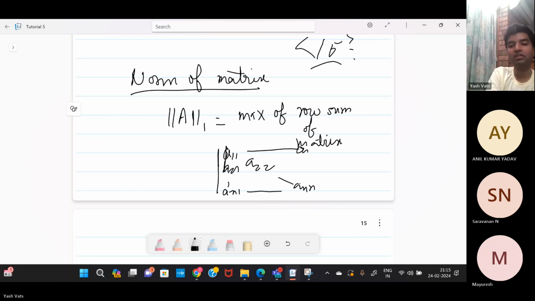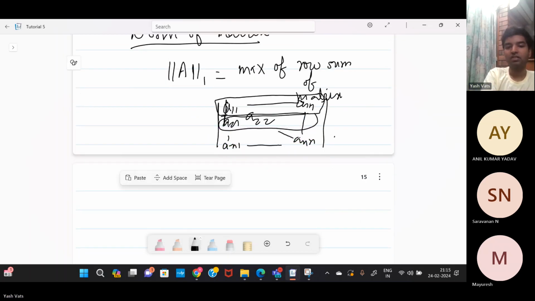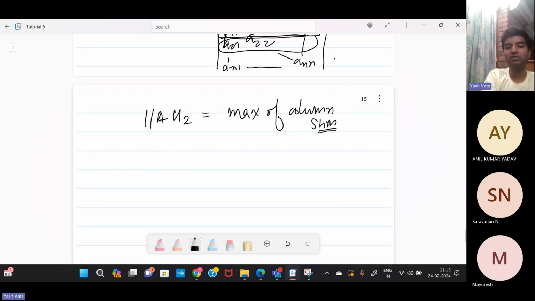Then you calculate the first row sum, second row sum, up to the last row sum, and take the maximum among them. That would be the maximum row sum. Another one is the maximum column sum, I think A2. There are some other norms also.